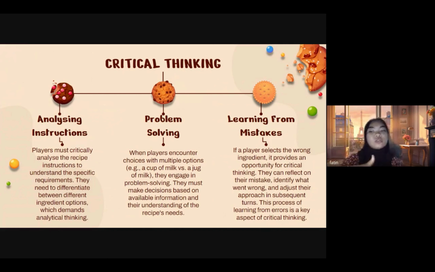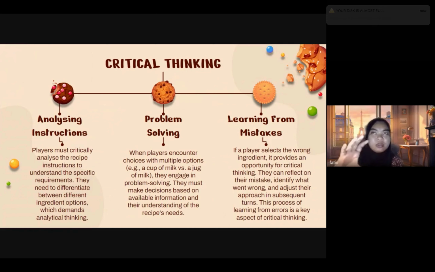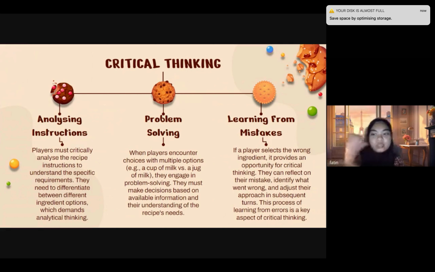Next, it also impacts them in terms of problem solving, because they will encounter multiple choices in the game. For example, add a bar of chocolate, and then there are a lot of pictures of chocolates, but with different measures.